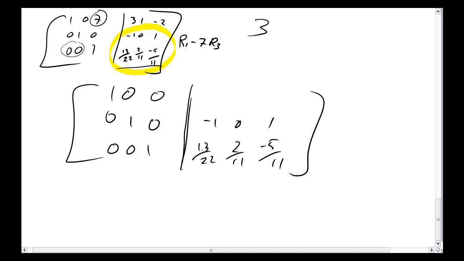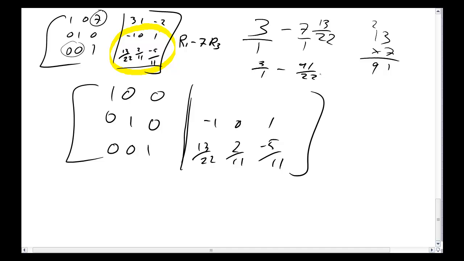I'm subtracting 7 times row 3, so I'm subtracting 7 times 13 over 22. This is the same as 7 over 1 and 3 over 1. I need to find common denominators. 7 times 13: 7 times 3 is 21, and this gives me a 91 here, so I've got 3 over 1 minus 91 over 22.